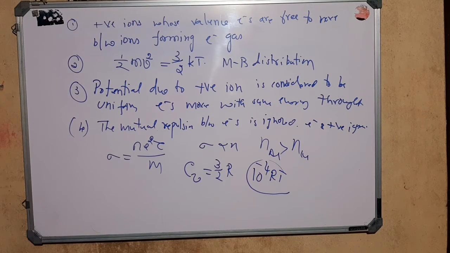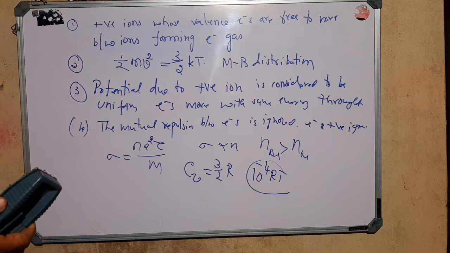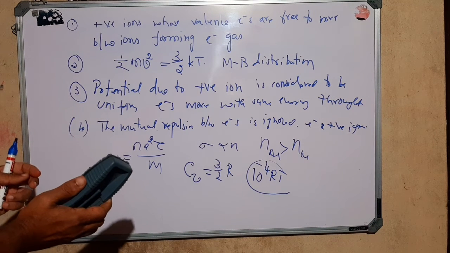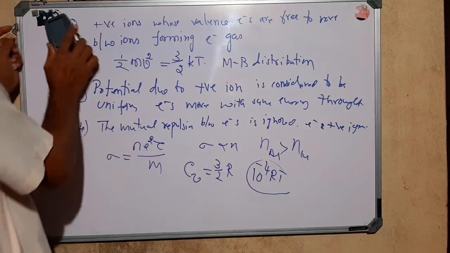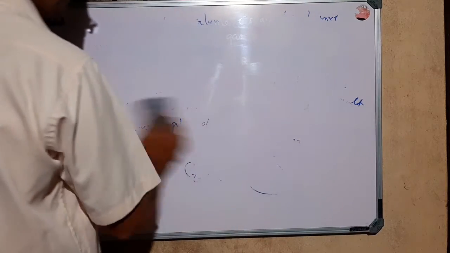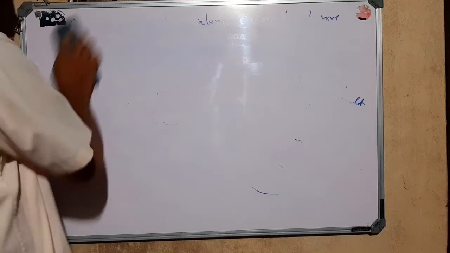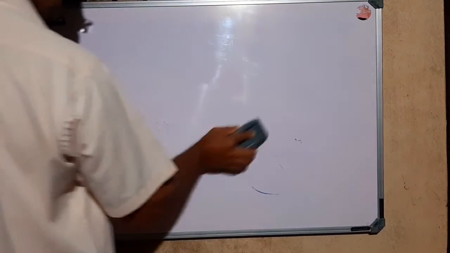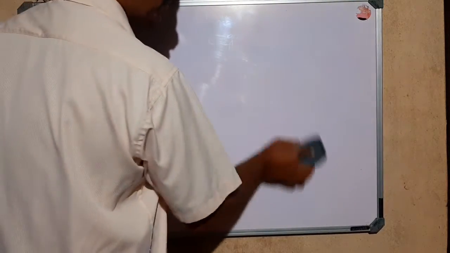So, in this way, there is a large contradiction between the theoretical aspects and experimental value. Hence, this theory was discarded. So, in order to overcome the difficulties in this theory, in the year 1927, Sommerfeld modified this theory.